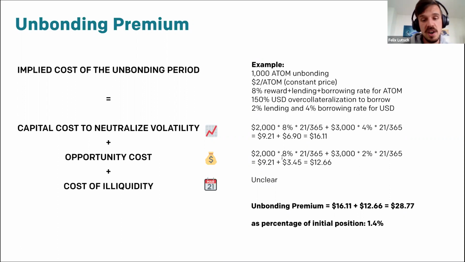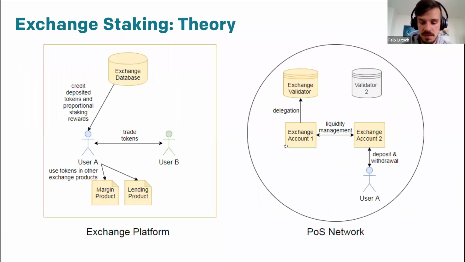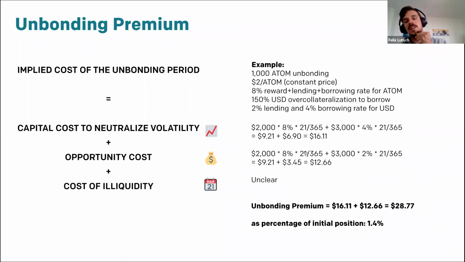Then the opportunity cost is calculated basically as: I have this $2,000 atom position, right? I could also put it in this Compound market that we just assume exists. So let's say this is this 8% here. So you could have earned this much, this $9.21, if you would have supplied the same amount of atom to this market.